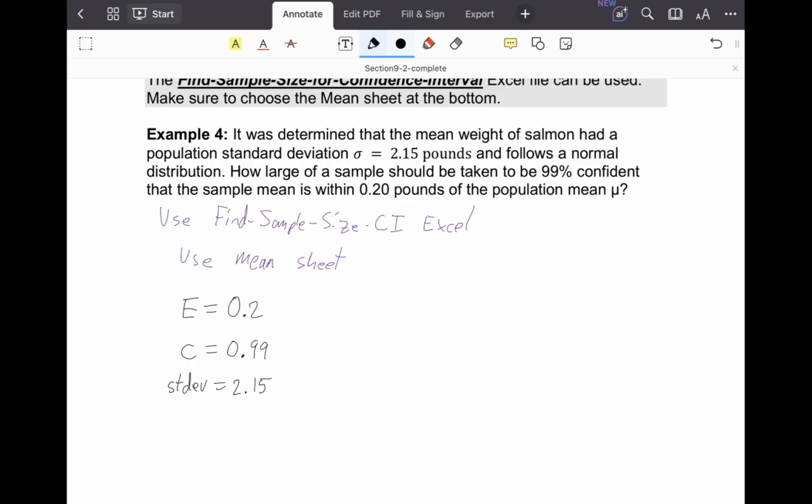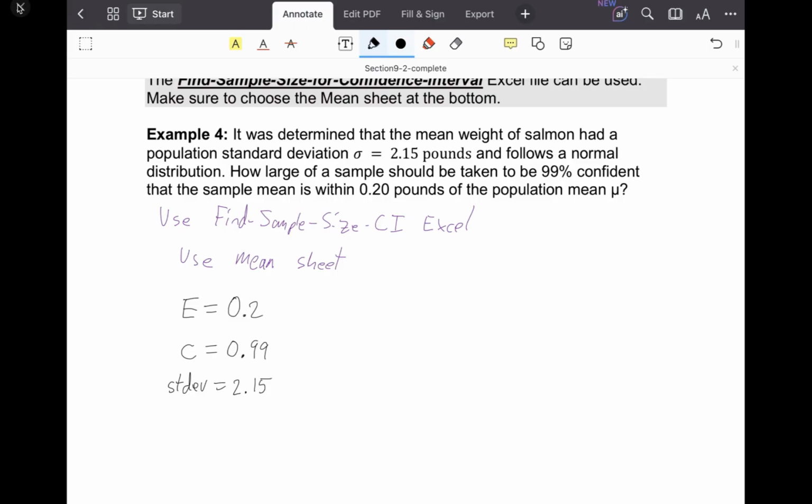Now, one important thing to double check, make sure these have the same units. Sometimes they'll have months, and then they'll give something in days. So you usually convert to the smaller unit. You convert the months into days and then do the calculation that way. But just be careful. Make sure those match. If they are different units, then the calculation doesn't work. So just be very careful with that.